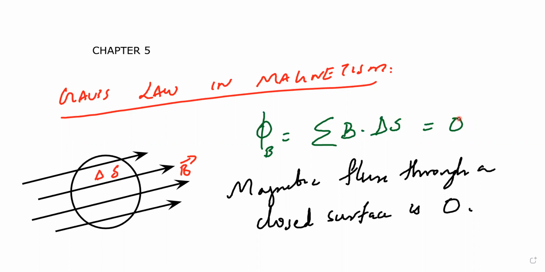Correct? So just like in electric flux we got electric dipole, here we got something called magnetic dipole. Dipole means we know what it is. Electric dipole is two equal and opposite charges separated by a distance d. But what about a magnetic dipole?